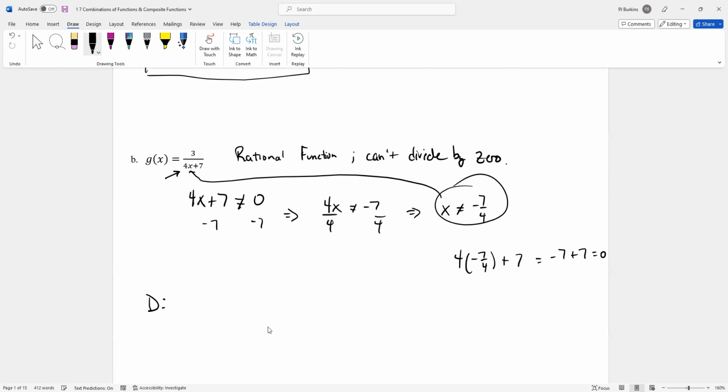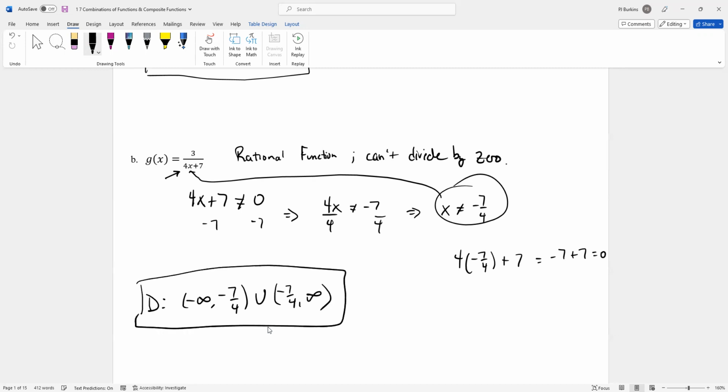Okay, well, our domain then is from minus infinity up to minus 7/4, union from minus 7/4 to positive infinity. Okay, so there's a little gap. And in fact, if you look at the plot of that function, minus 7/4 is going to be an asymptote, and the graph looks something like this, I believe.